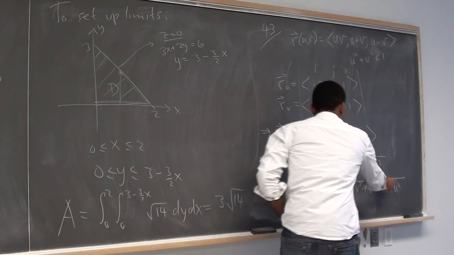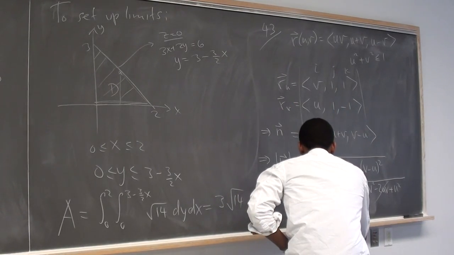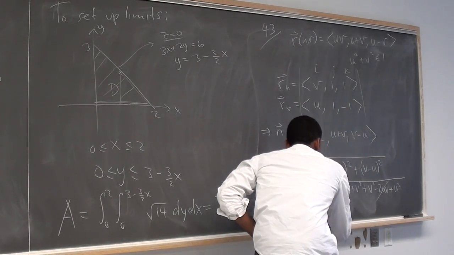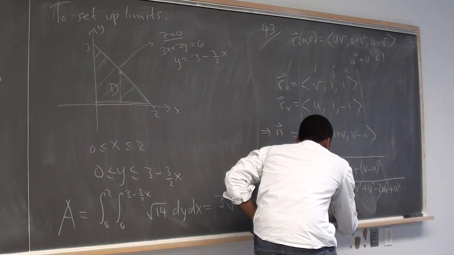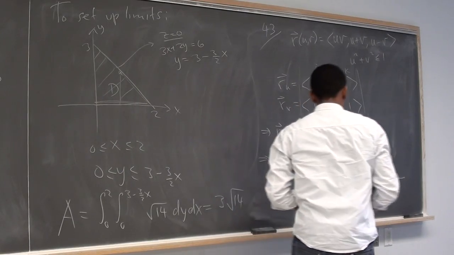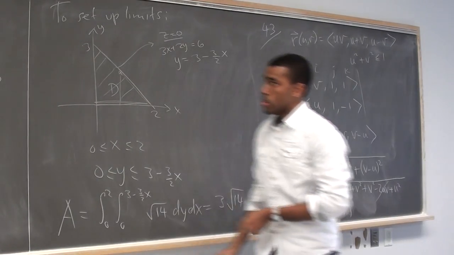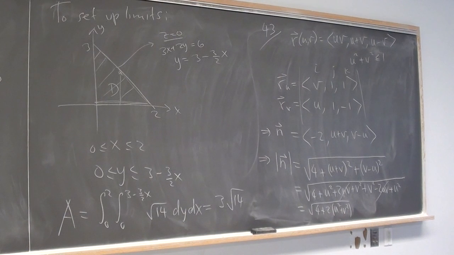And these guys cancel. So I just get the radical of 4 plus 2 times (u squared plus v squared), which is going to be my r squared.